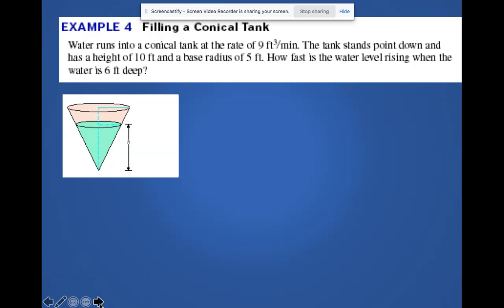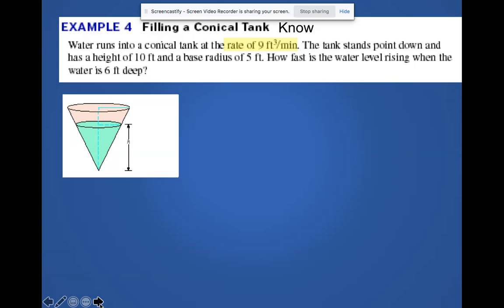All right, so take a moment. Look at that. Water runs into a conical tank at a rate of... That's what I know. They're giving me a rate. The tank points down, has a height of 10 feet and a base radius of 5.